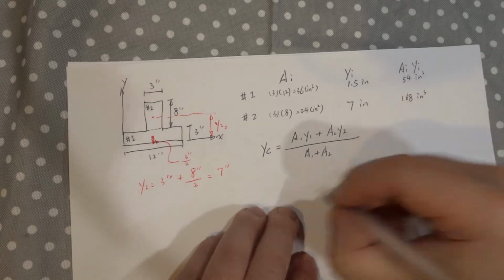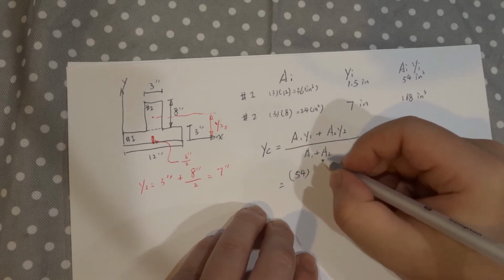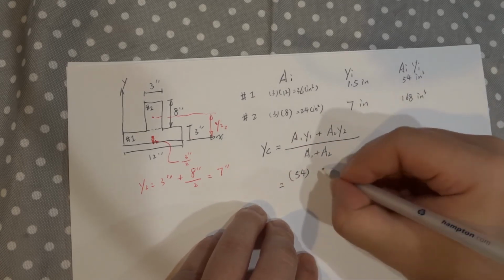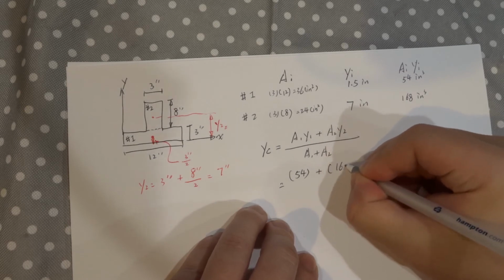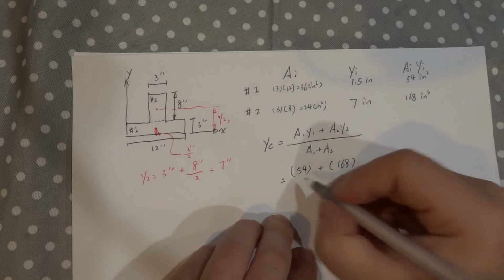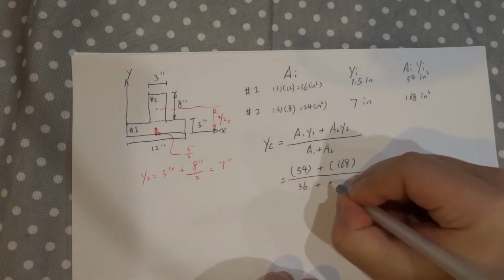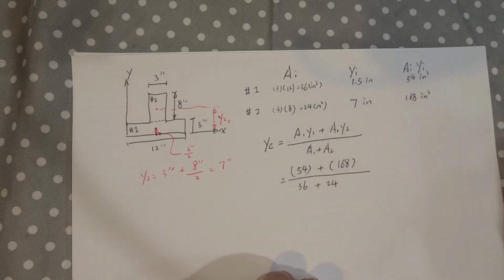That's going to give us 54 plus 168, which we already calculated, divided by 36 plus 24.